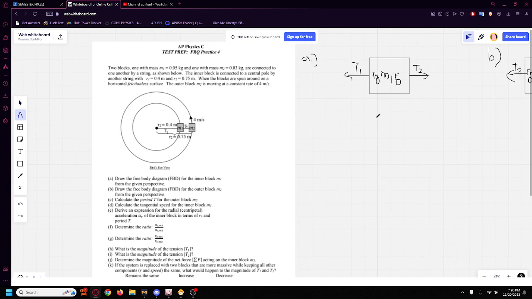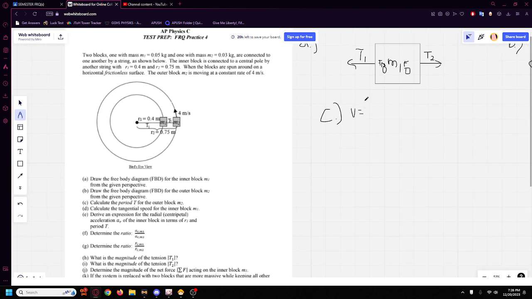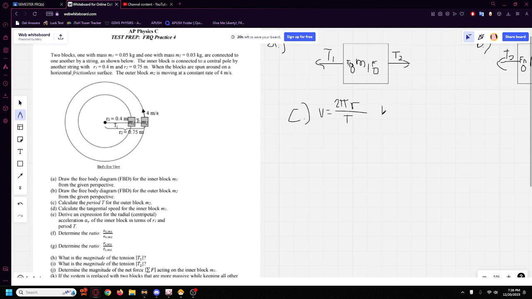Part C asked to calculate the time for the second block. So we know that velocity is equal to 2 pi r, which is the radius, over time. So you multiply by t and divide by v, so you get t is equal to 2 pi r over v.